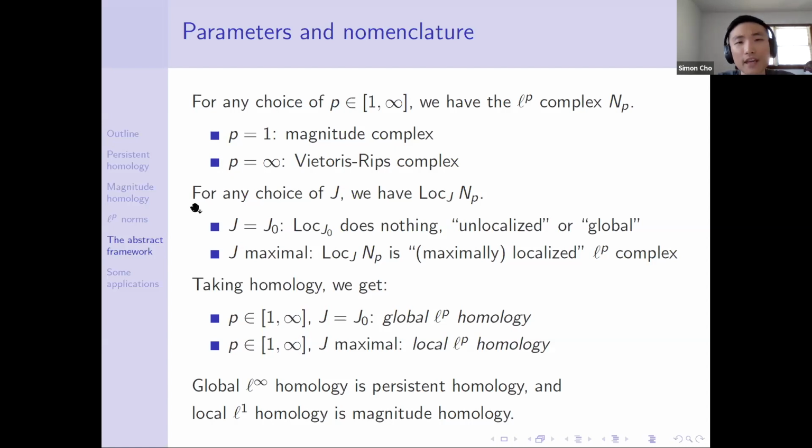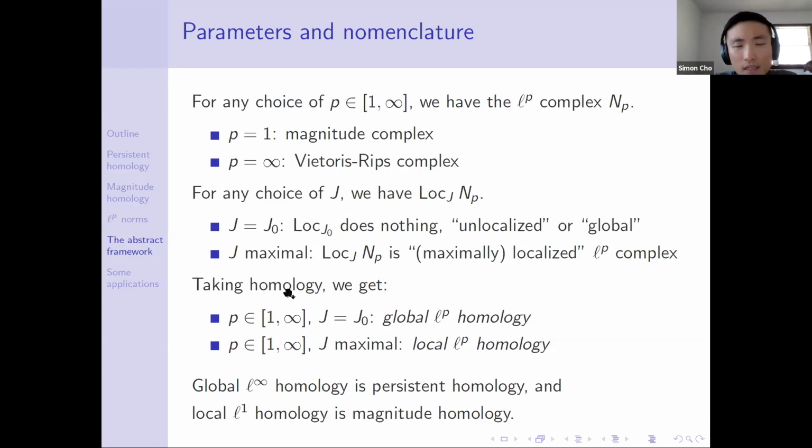For any sensible choice of J, we have the J-localized LP complex. When we take the minimal such choice, we can call it unlocalized, or global. If we take the maximal choice, like we did for magnitude homology, we could call it the localized LP complex, or J-localized if we want to be more specific.